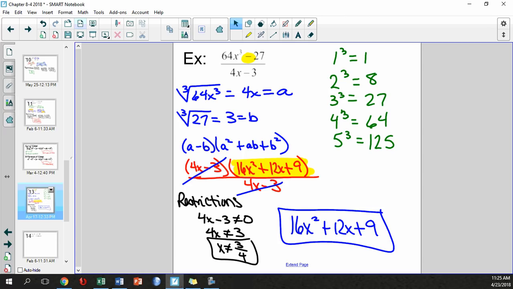If you look at tonight's homework, problems 1 through 8 are very easy. It's like the first 2 or 3 examples that we did with restrictions. Make sure that you put those on there. Turn it over. The back is where it gets a little bit more complicated, but it's still pretty easy. Okay? Any questions?